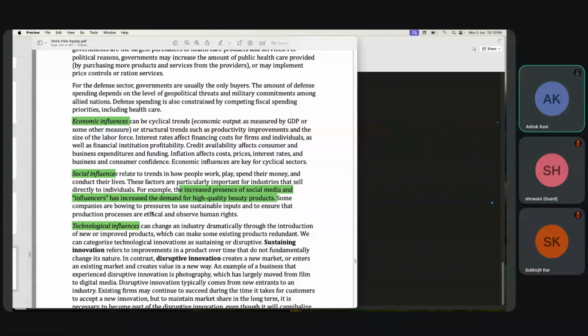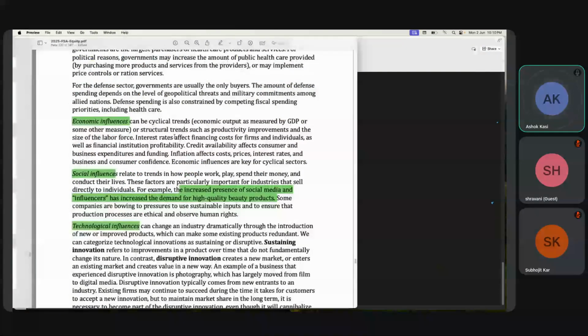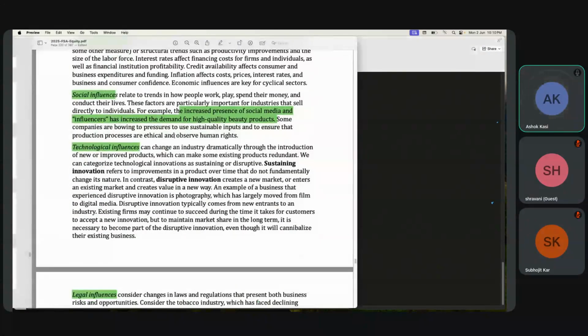Some companies are under pressure to use sustainable inputs and to ensure that production processes are ethical and observe human rights. So this is the pressure, social influences. How much social influence happens in that product? For the society, how do they look at it?